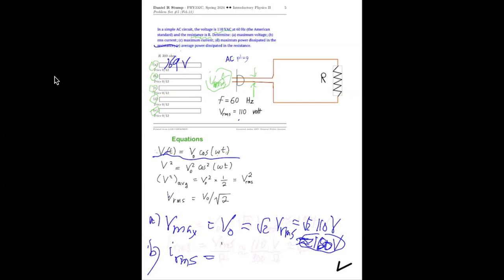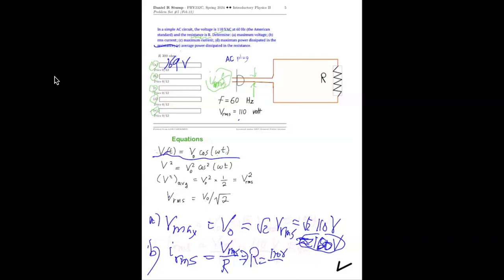By Ohm's law, I is the voltage divided by the resistance. So the resistance is the RMS voltage, that's 110 volts, divided by the RMS current.